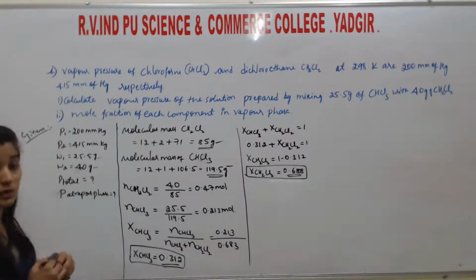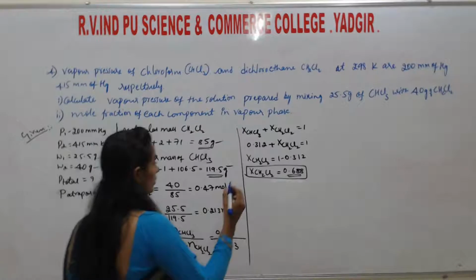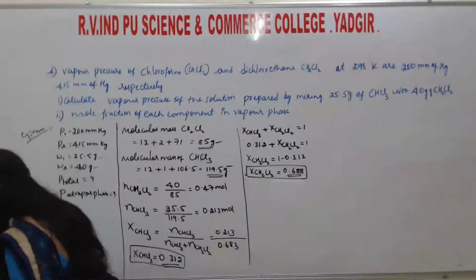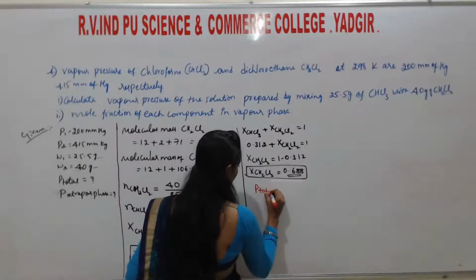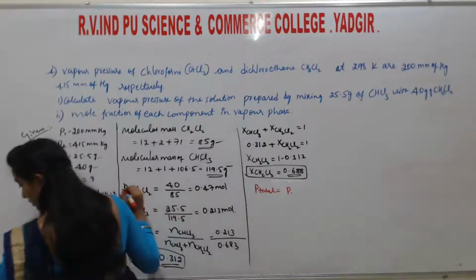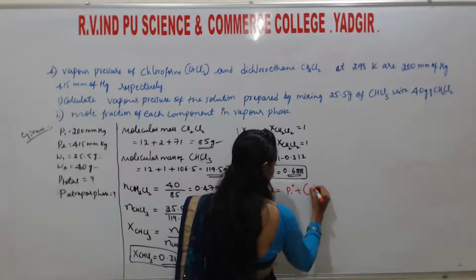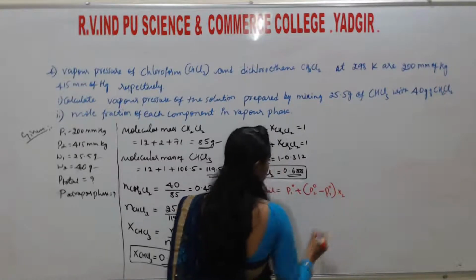Vapor pressure of the solution prepared by mixing of the solution. So here we have the formula: P total is equal to P1 naught plus P2 naught minus P1 naught into X2.